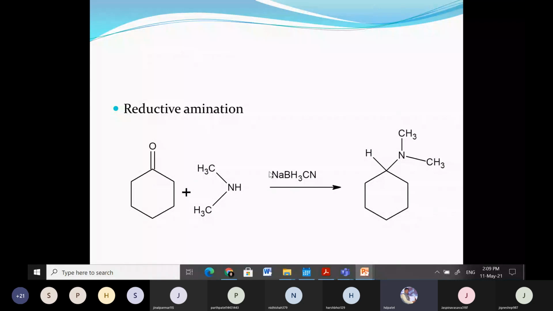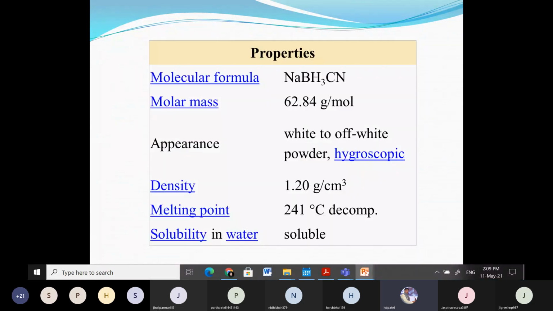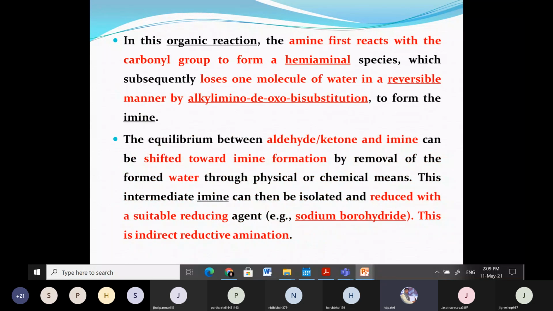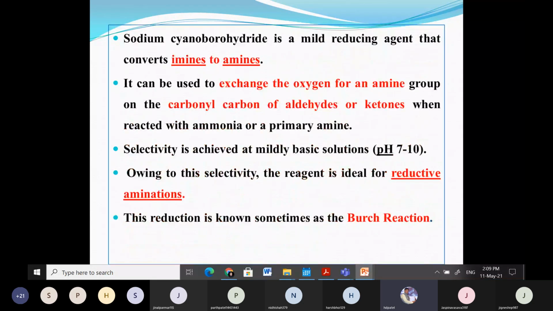So what do we have to do? We have to treat this compound first with an amine. When it reacts with the amine, it converts into an imine. Then the imine will react with sodium cyanoborohydride and convert into an amine.